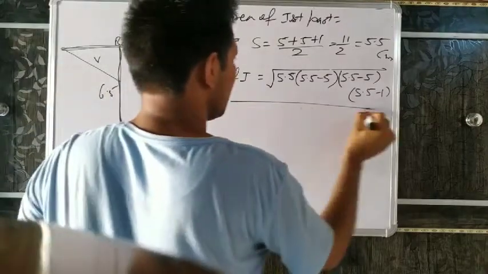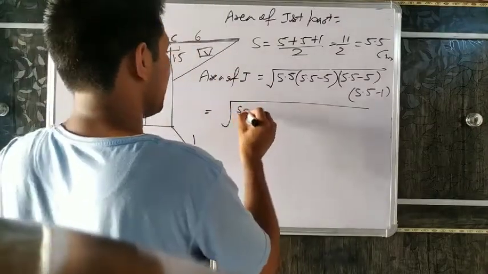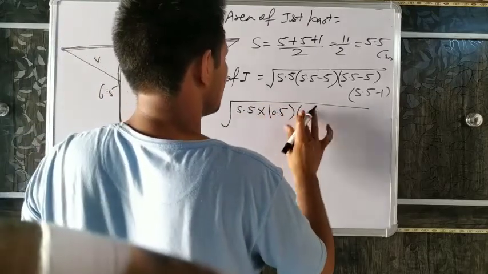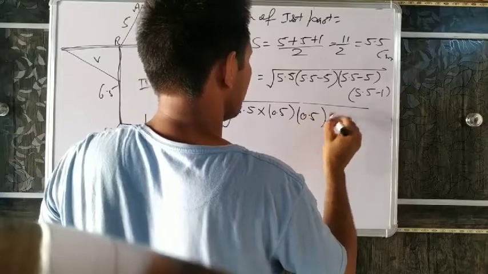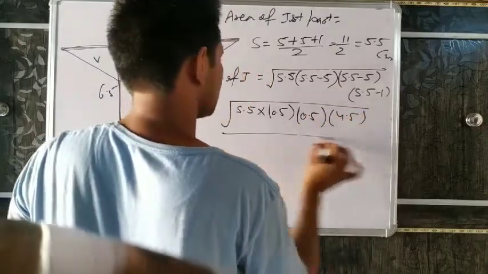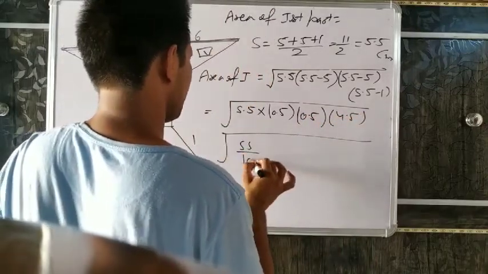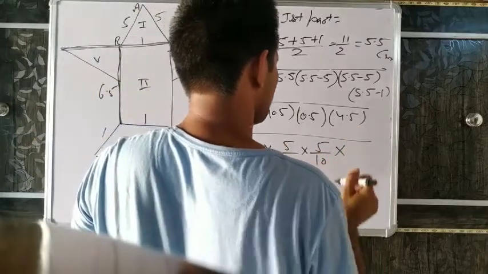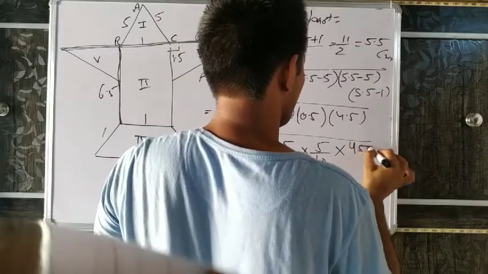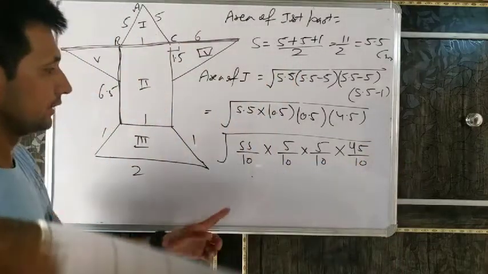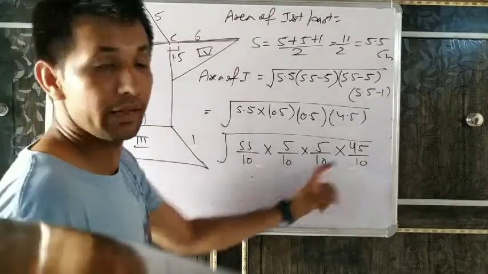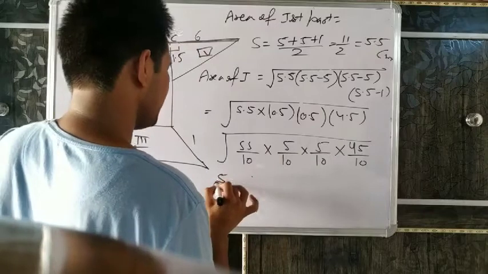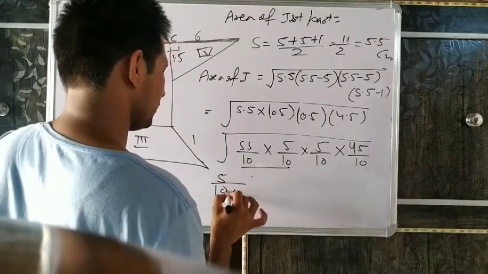Otherwise, we can directly remove the decimal first. It is 5.5 multiply 0.5 and 0.5 and 4.5. Next step: 55 by 10, 5 by 10, 5 by 10, and 45 by 10. Yes, 10 pair, 10 pair comes outside. And 5 pair, so 5 divided by 10, pair into 10.